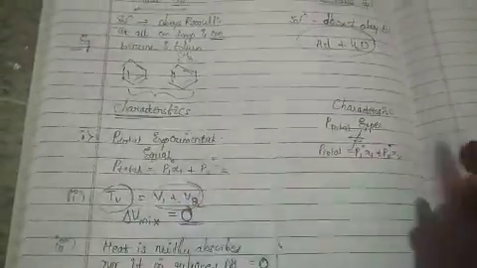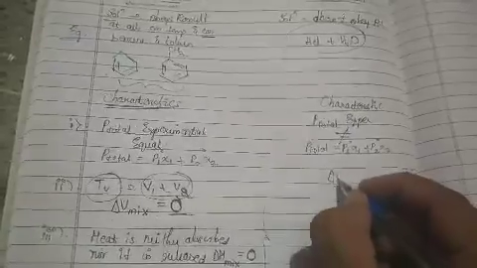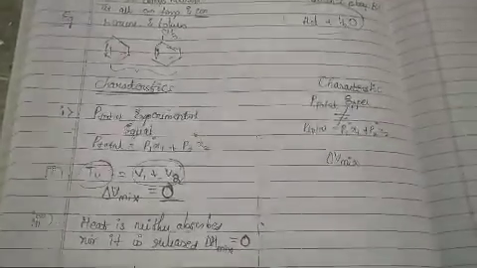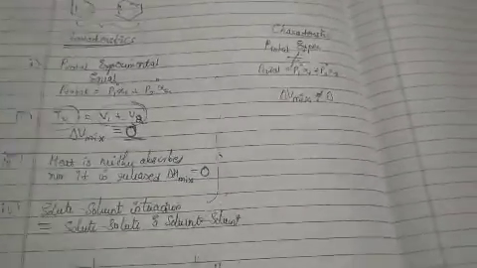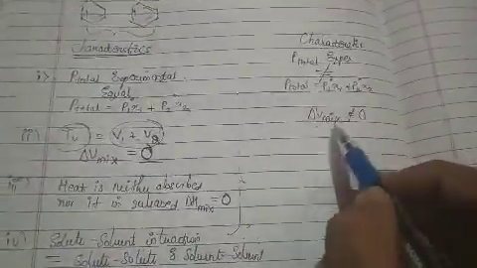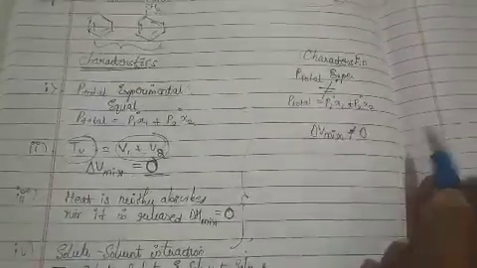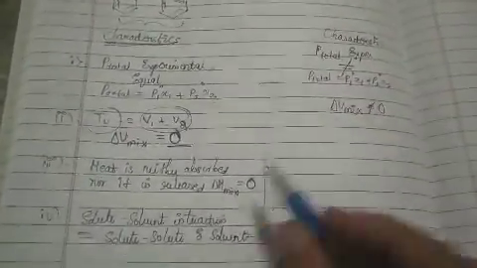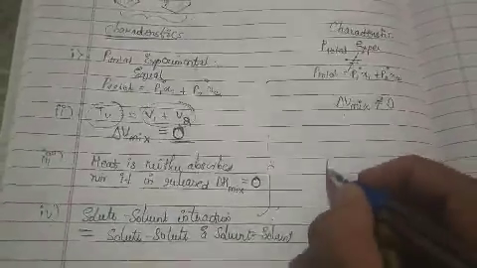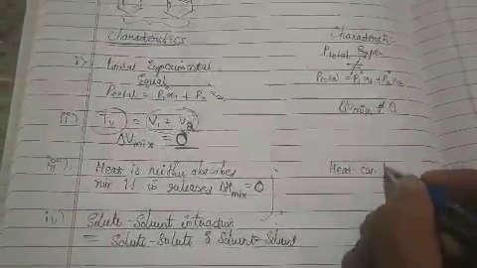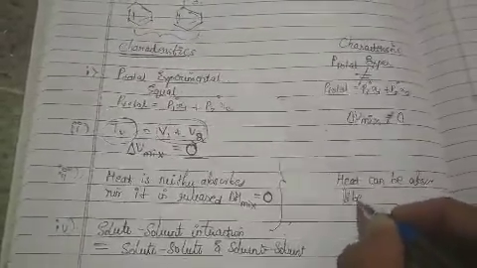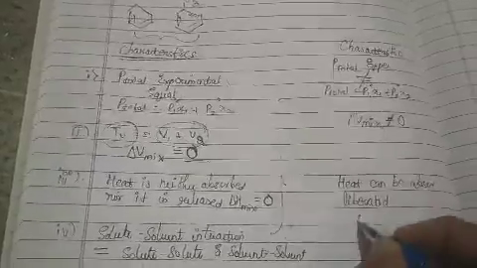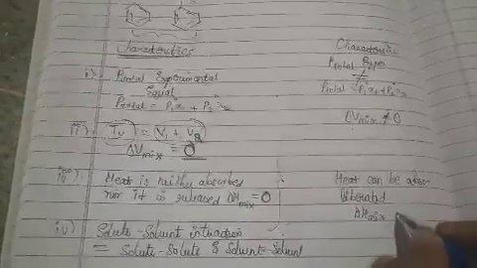The second characteristic: the total volume of the solution is not equal to the sum of the volumes of the individual components, or in simple words, delta V of mixture is not equal to 0. The third point: heat can be absorbed or liberated during the preparation of the solution. That is, delta H of mixture is not equal to 0.